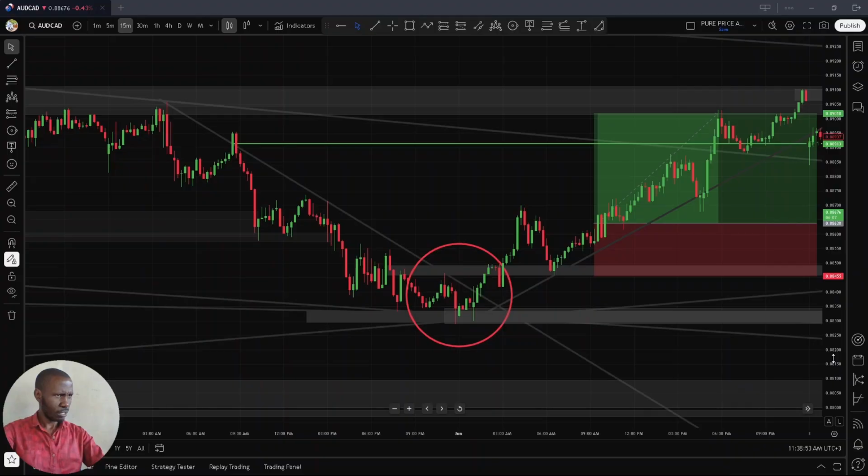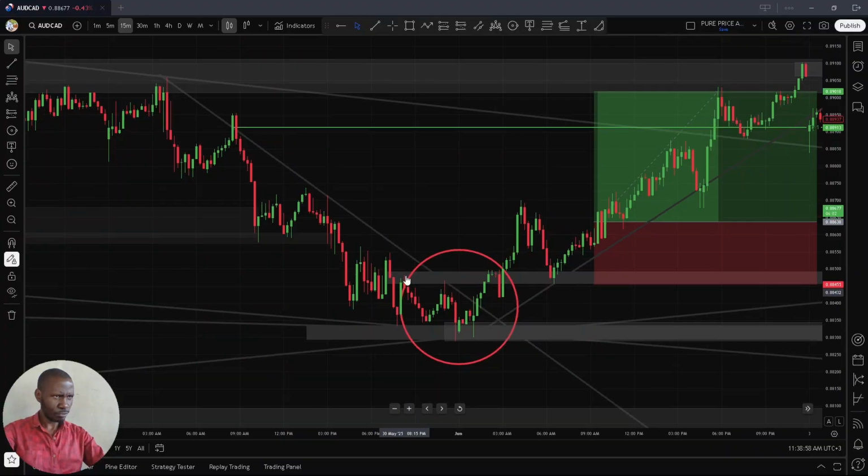With my naked eyes, I see that this market tried to go down right here, tried to go up, tried to go up, tried to go up, still respecting this downward move. But on this candle, as it came right here, buyers still stepped in to push the market up.